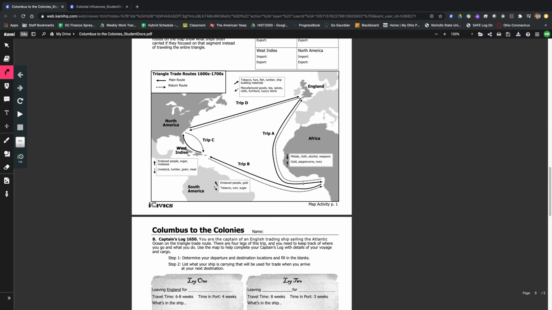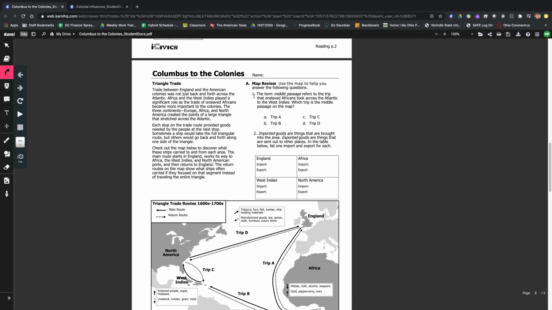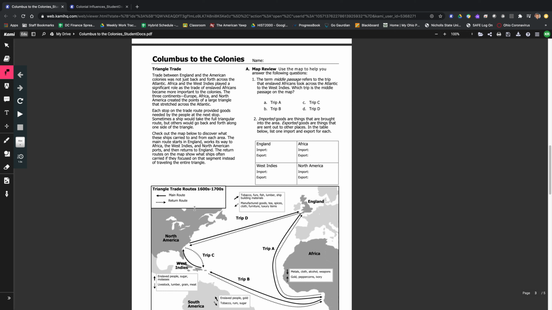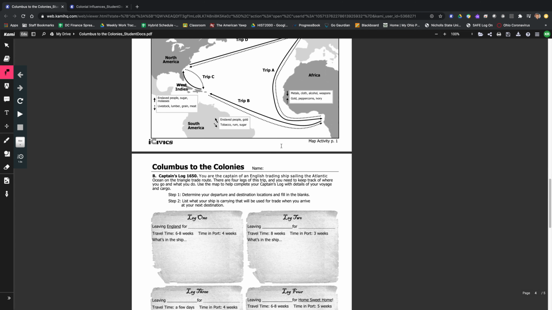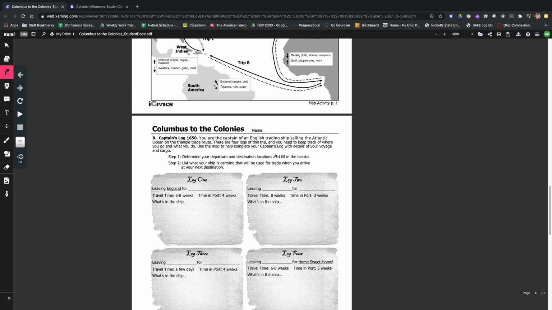After you get done reading about colonization, exploration, and the triangle trade, you're going to want to complete the activities. You're going to begin with A, doing a map review, using this map down here, the triangle trade routes, 1600s to 1700s. Once you are done with A, you're going to go to what's called the Captain's Log 1650.